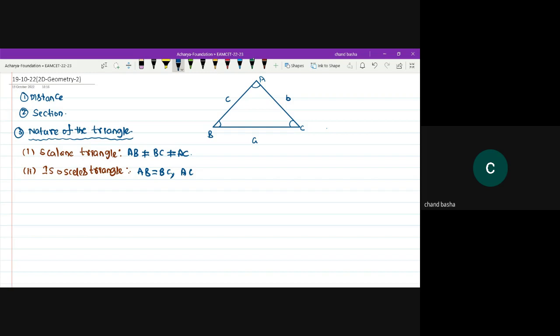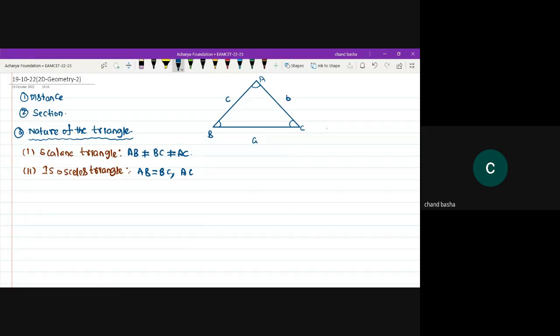It is not necessary that only AB and BC are equal; you can also rotate them: BC is equal to AC and AB is different. If any two sides are the same, then we call it an isosceles triangle.